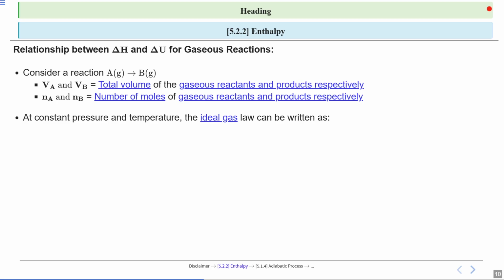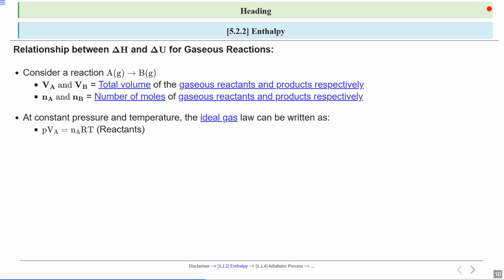Now, if you apply the gas law onto these two kinds of species, which are reactant and product, you will get two equations. First is PVA equals NART. Here remember we are keeping the pressure constant. So we are taking P for both of the situations of A and B. So for the reactant case, we are writing it as PVA equals NART.